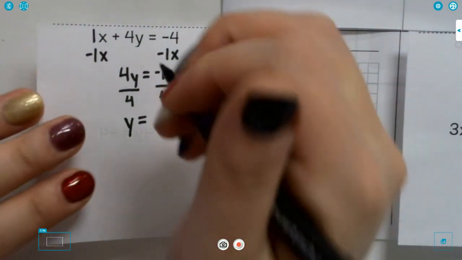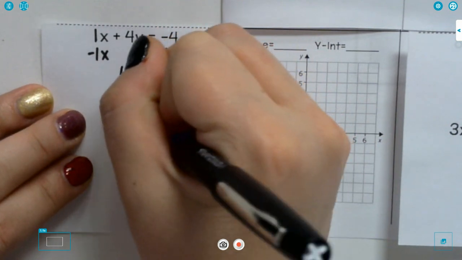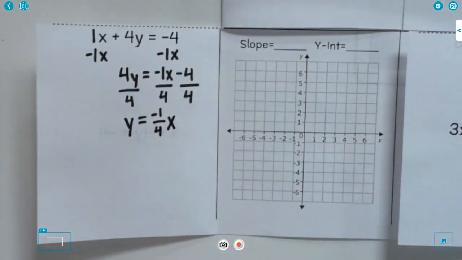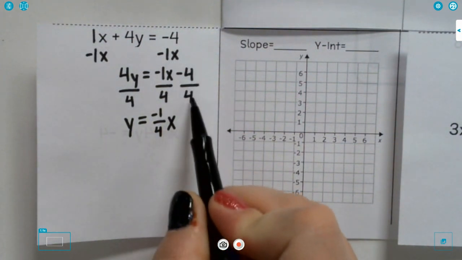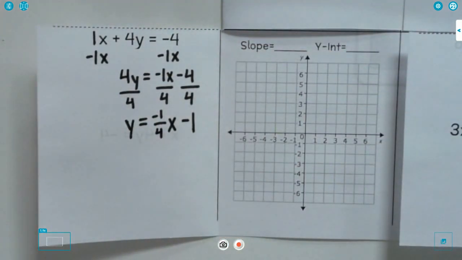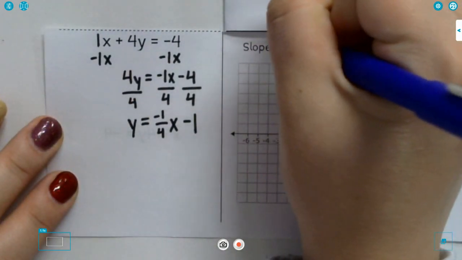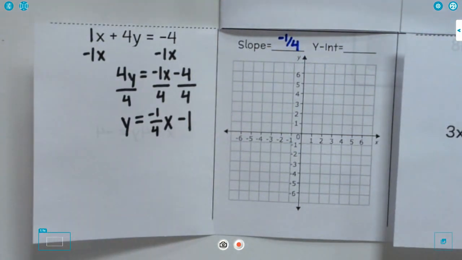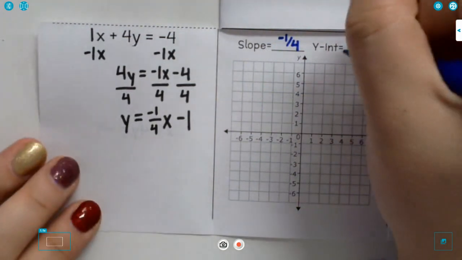So it's negative 1/4 x and then negative 4 divided by 4 is negative 1. So that means my slope is negative 1/4. My y-intercept is negative 1.